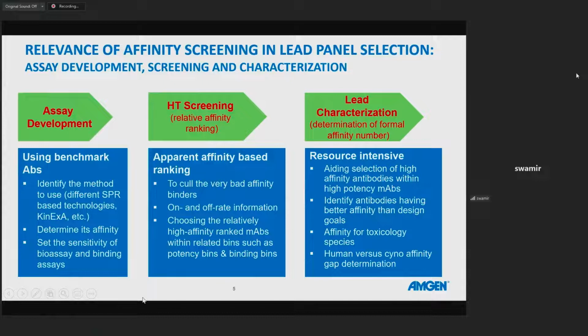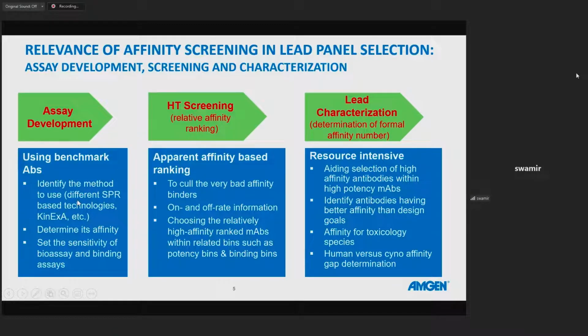So what is the relevance of the affinity screening in the lead panel selection? Earlier, we use the affinity measurements for the assay development. For example, what platform we should use for the affinity screen, I will go through the different platforms in a later slide.